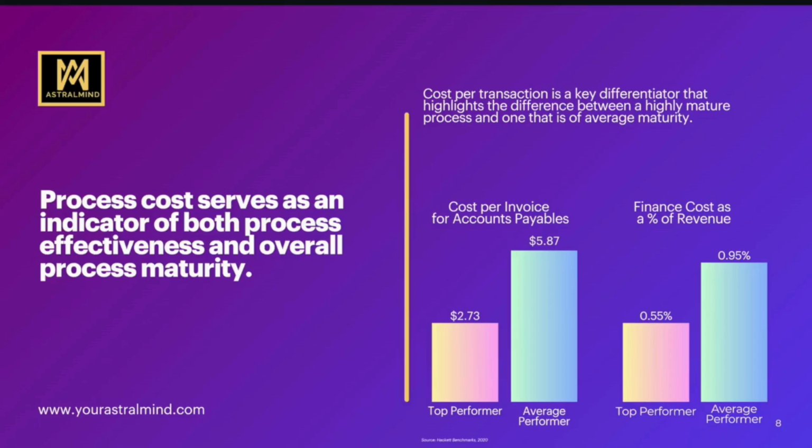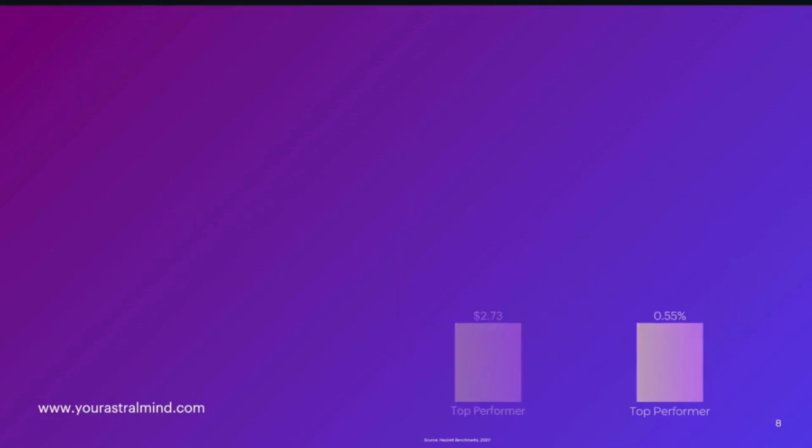Similarly, when you look at cost as a percentage of revenue, I have taken a finance example here. These are all Hackett benchmarks as per 2020, which is dated, just taken as an illustration. Finance cost as a percentage of revenue is 0.55% for a top performing company and 0.95% for an average performer.